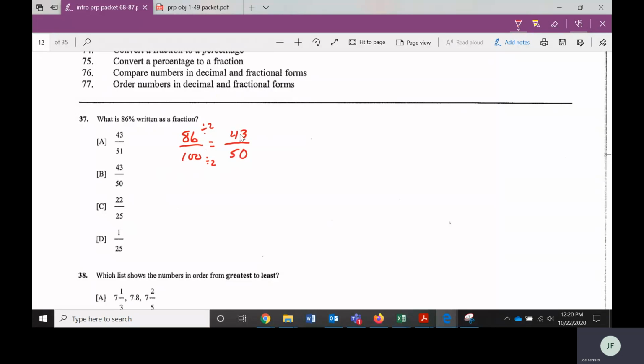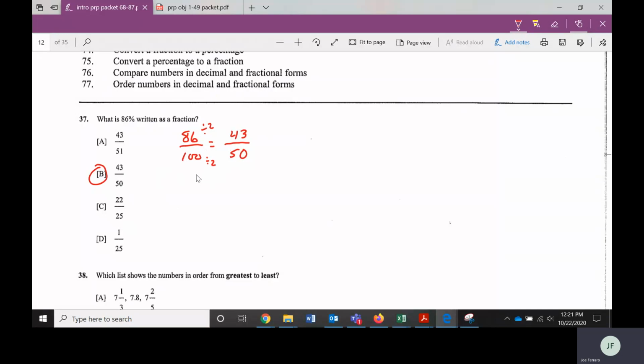It's not going to be a 5 because it doesn't end in 0 or 5. You could try 3, but that's not going to work because 14 times 3 is 42. So then the next one would be 45 and so on. So there's not going to be another one that works, and 43 over 50 is here.